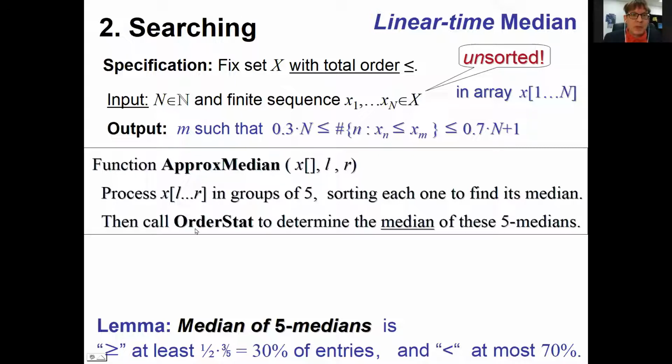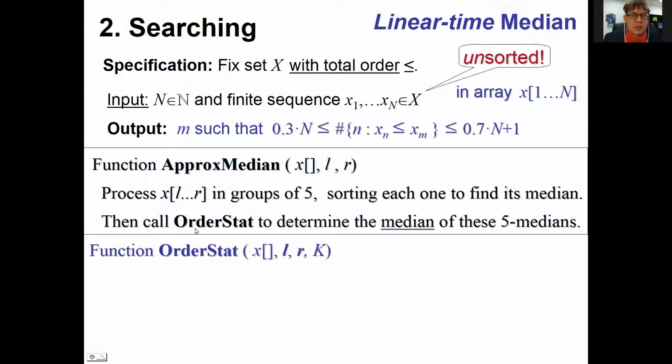Approximate median makes calls to order statistics, and order statistics calculates the kth order statistic with a parameter k, where the call here for approximate median means that k is equal to n over 2.